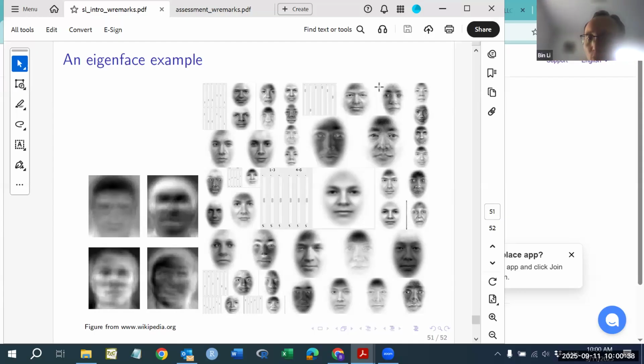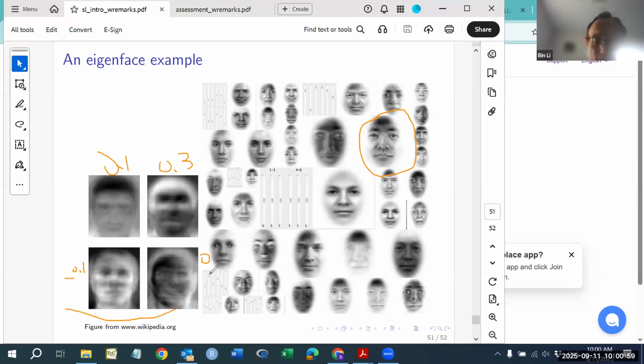To have the best approximation of this picture, we can have 0.1 weight for this eigenface, 0.3 for this eigenface, negative 0.1 for this, and 0 for this.